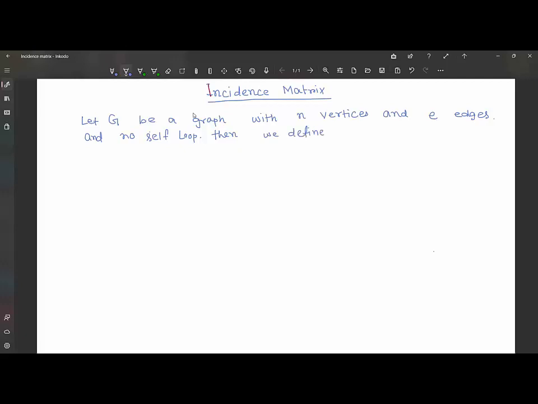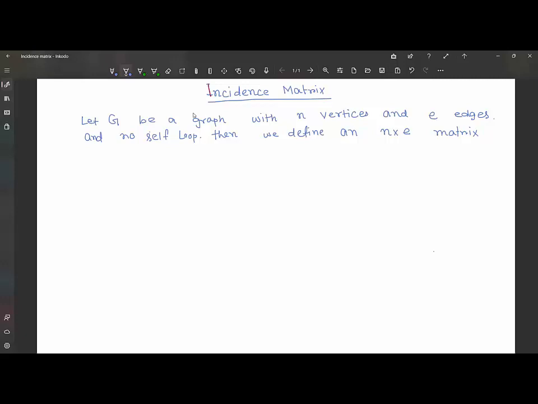we define an n cross e matrix, and n cross e means the number of rows is equal to the number of vertices, and the number of columns is equal to the number of edges. So that's why we set the vertices row-wise and the edges column-wise to make that incidence matrix.